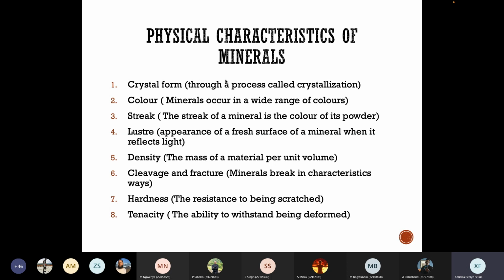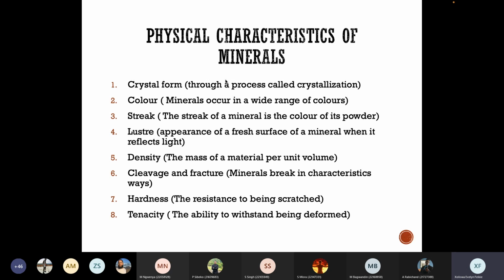The other thing they look at is cleavage and fracture, right? When you take a rock, sometimes it cleaves, sometimes it fractures. There is a difference between cleavage and fracture. Let's say you have a rock on the surface, exposed to different conditions, and you see that it's breaking.